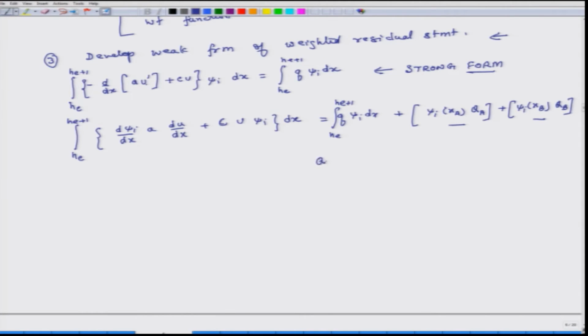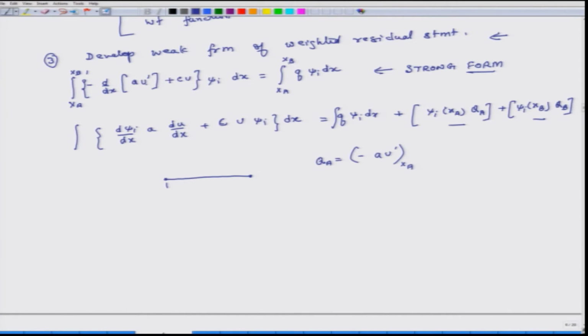And here q a equals minus a u prime evaluated at x a, right. So, what is x a? To be consistent, what I will do is I will erase these limits and I will call it x a, x b.